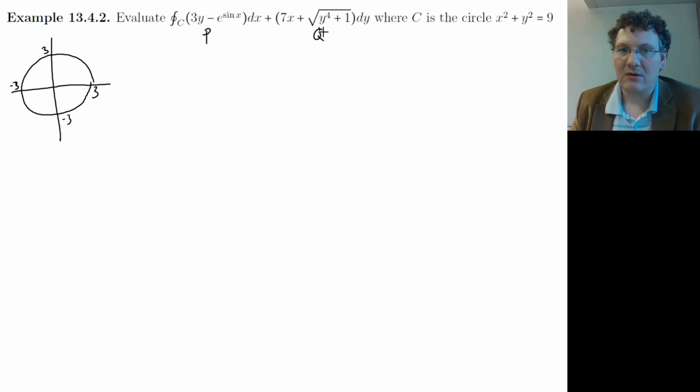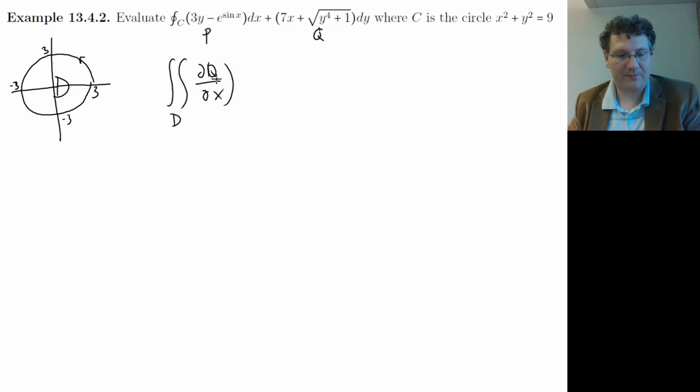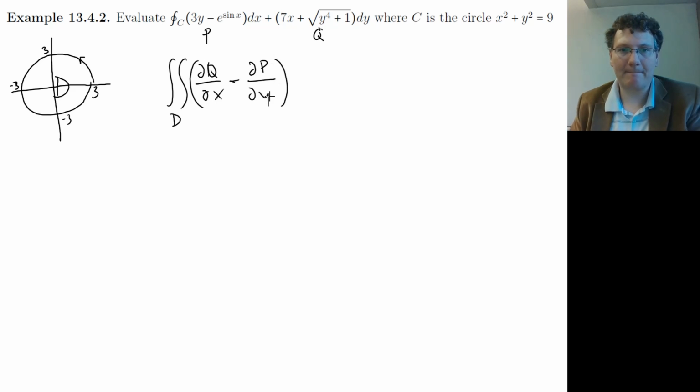And so the line integral over this closed curve is going to be equal to the double integral over the region D of the partial of Q with respect to x minus the partial of P with respect to y.